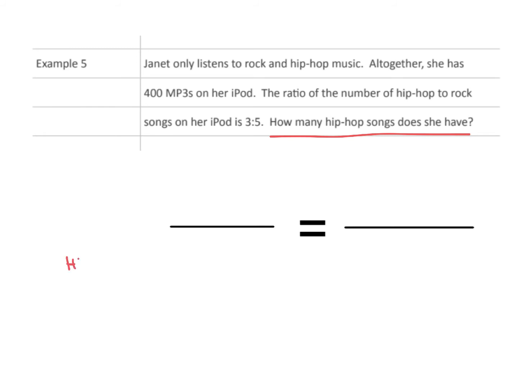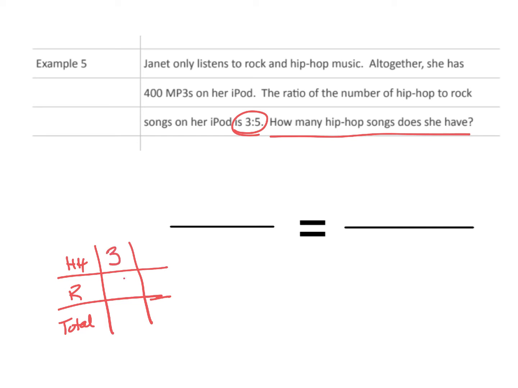I have hip-hop songs, I have rock songs, and then I have the total. And I'm going to do a little table here. So let's work with the ratio first. Here's our ratio, 3 to 5, and that's hip-hop to rock. So if she's got 3 hip-hop for every 5 rock, I'm going to find the total.